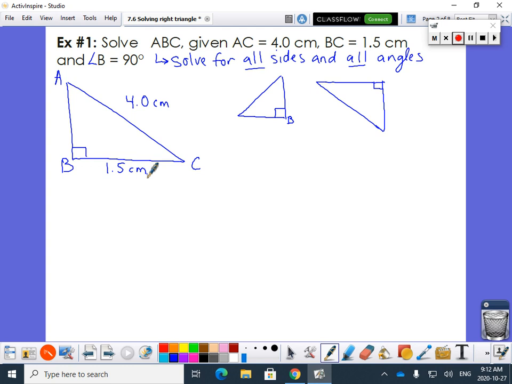Okay? So let's start with figuring out angle A. So right here, we're going to put theta, because we don't know that, right? Theta represents the angle. Remember that from yesterday? So I'm going to put here angle A. So you guys tell me, we want to figure out angle A. So how am I going to do that?